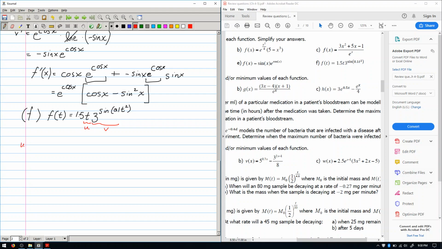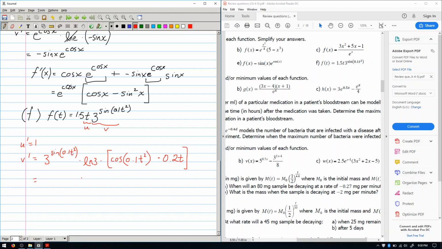So u prime is going to be 1, and v prime is going to be the exponential copied down, multiplied by ln of the base, multiplied by the derivative of the exponent. Now the derivative of the exponent means I have to go outside inside. I have to go cosine, that's the derivative of the outside, multiplied by the derivative of the inside, which is 0.2t, because the 2 drops down, right?